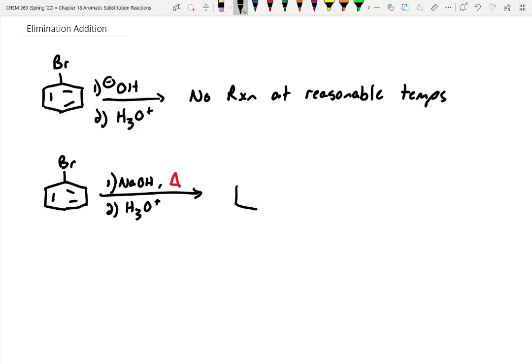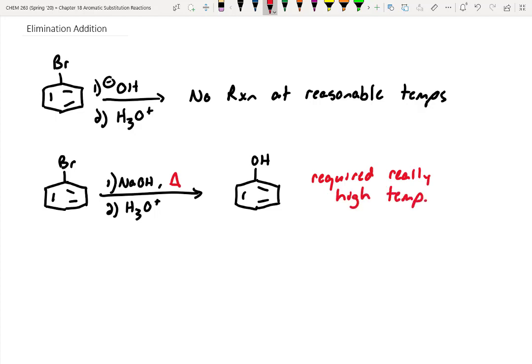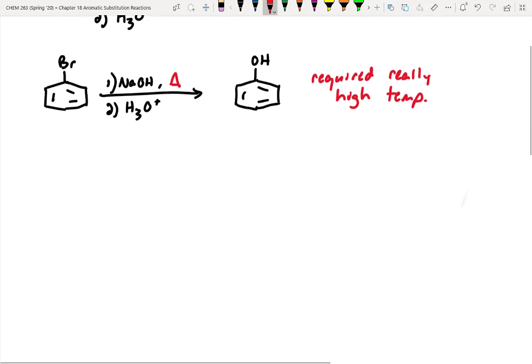And if you get that to occur, you can actually push a reaction where you can replace that bromine with an alcohol group. However, this requires really high temp. High enough that it oftentimes will degrade your starting material, so it only really works well with simple aromatic molecules.